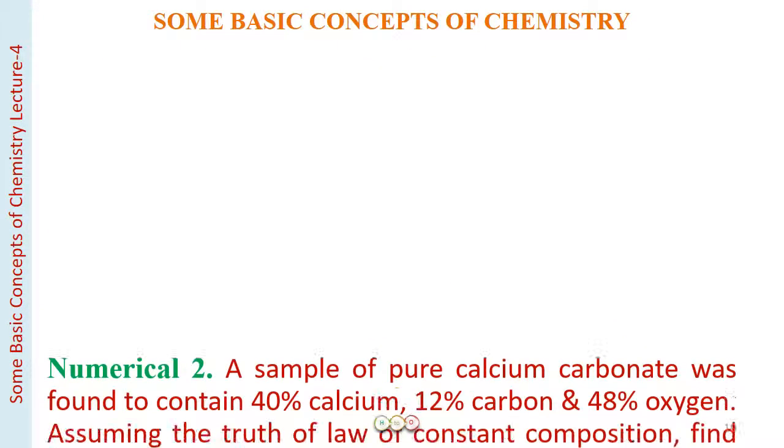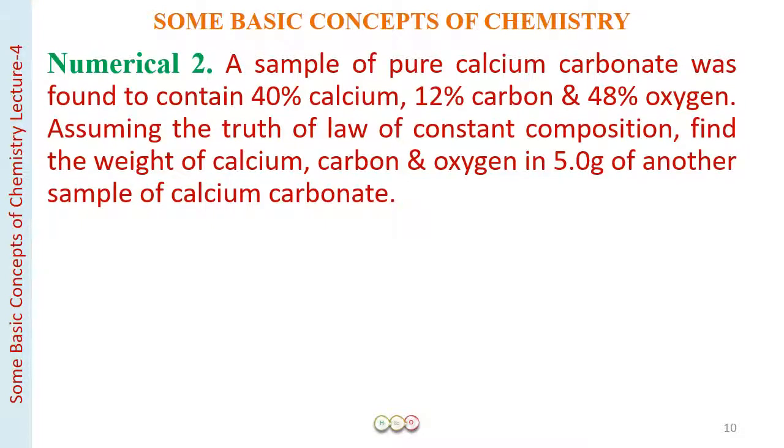So now we have another example for it. Here we are going to see that there is a sample of pure calcium carbonate, and this was found to contain 40% calcium, 12% carbon and 48% oxygen. And if the law of constant composition is true, then we have to find the weight of calcium, carbon and oxygen in 5 gram of another sample of calcium carbonate.